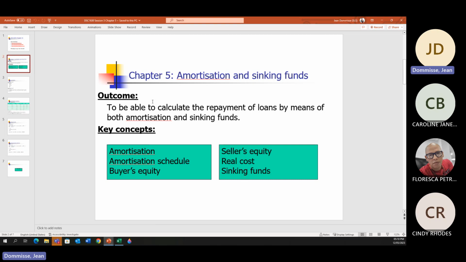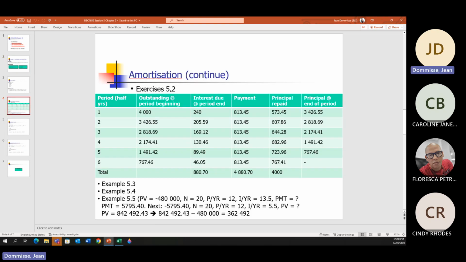So they can ask you, in a sense, where this is now an amortization table, and they can keep some of the cells open and ask you to calculate them, or they give you the information and you need to get to the answer.